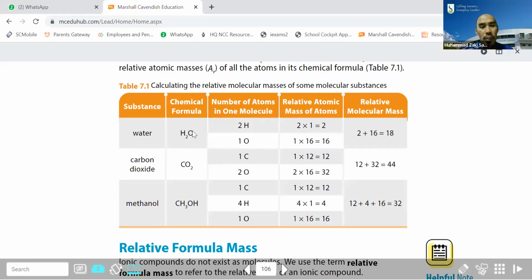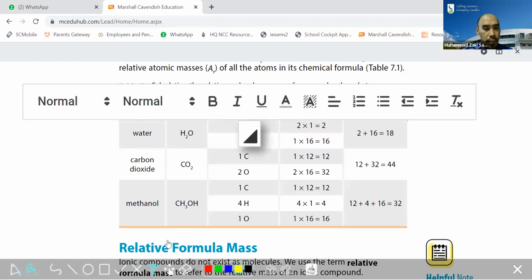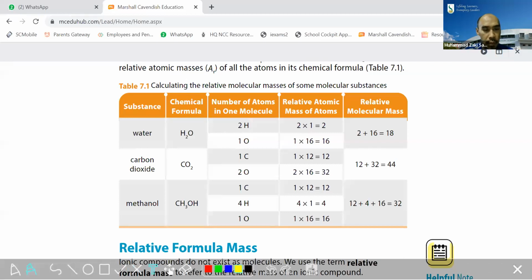You try to count how many atoms of each element, and then do the maths. So let's say you count the atoms first for water. There's 2 H, 1 O. Then do the maths behind it. Then you get the answer, 18.